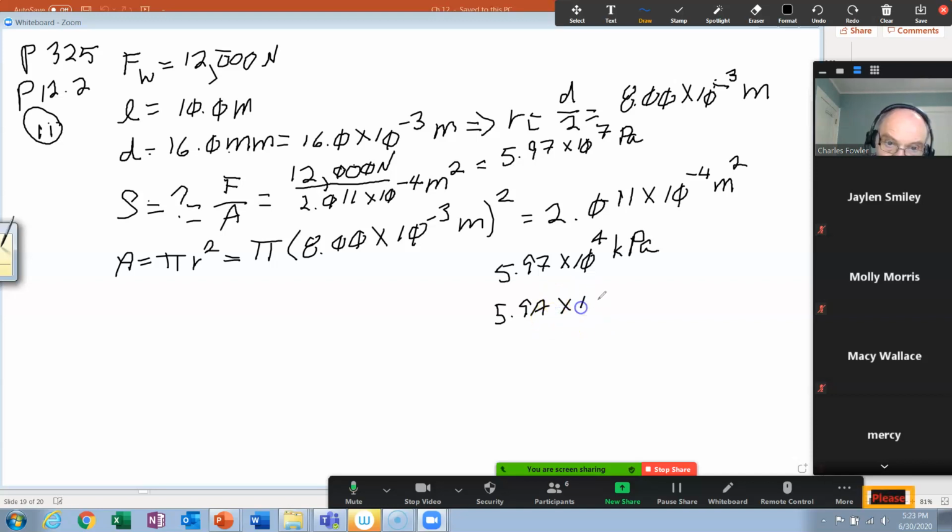Times 10 to the, subtract another 3 from that, and you get 10 to the 1st megapascals. And since that's sort of ridiculous to write it that way, I'm just going to write it as 59.7 megapascals. I don't know if the book does that or not, but those are a variety of answers, all of which are perfectly correct, I hope.